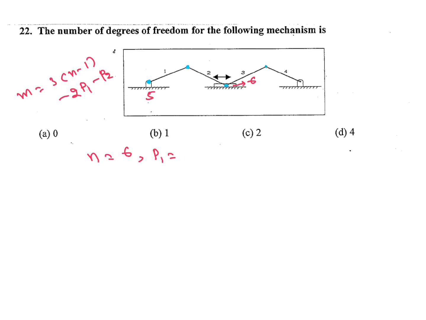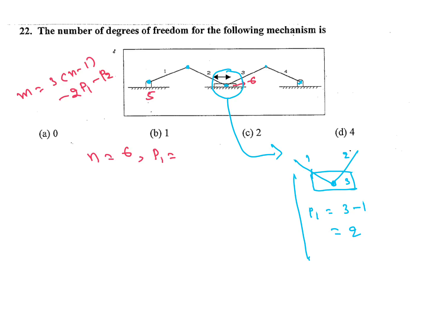This area is like this, 3 links are there, so in this case P1 equals 3 minus 1, 2, so the total is 6.